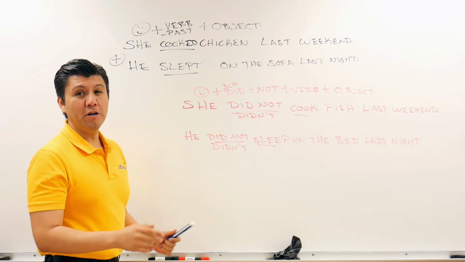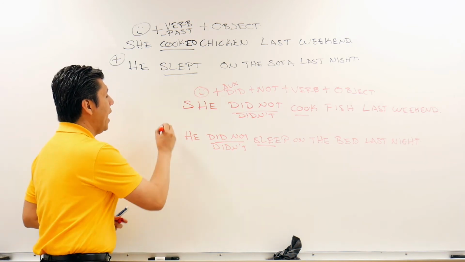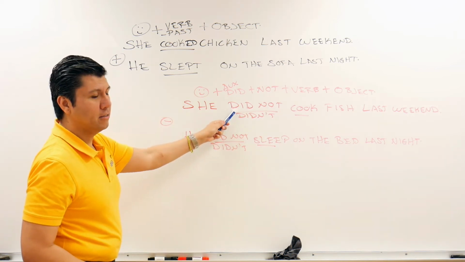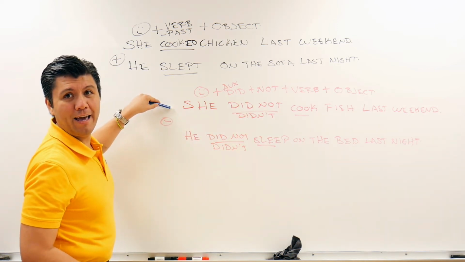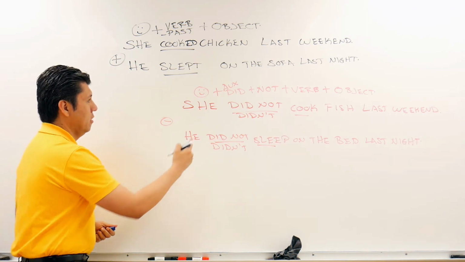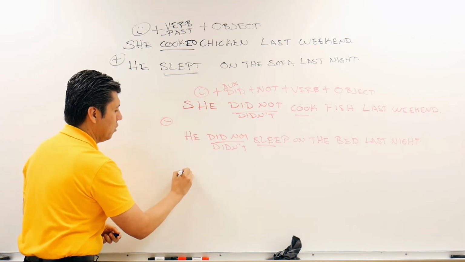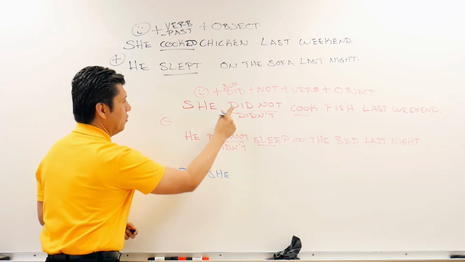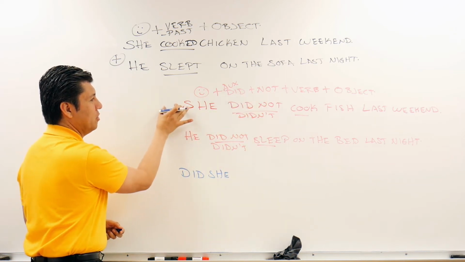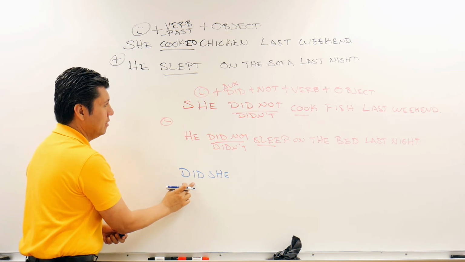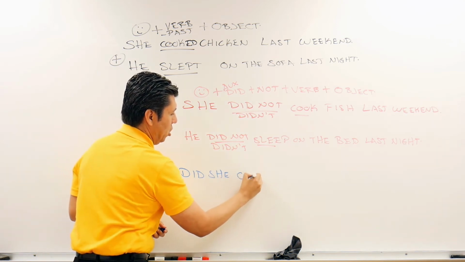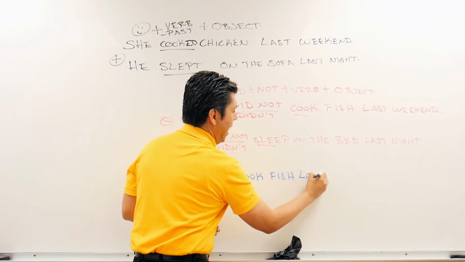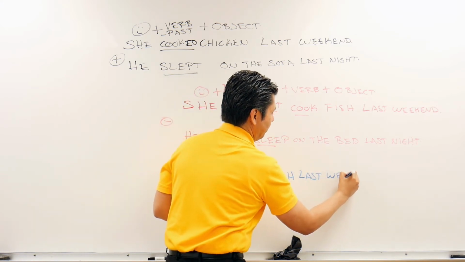Okay? Pretty easy. All we have to do is to take the auxiliary did and use it at the beginning of the expression. So let's start changing this into a question form. Did. So you see how I'm changing the auxiliary did at the beginning of the expression. Did she cook fish last weekend?